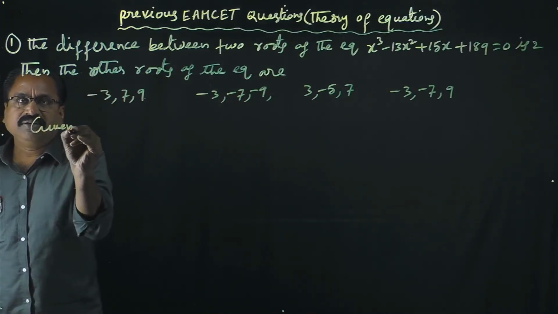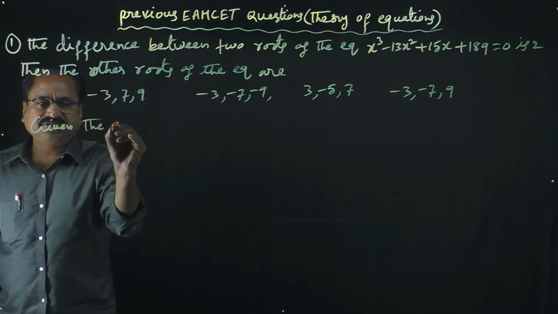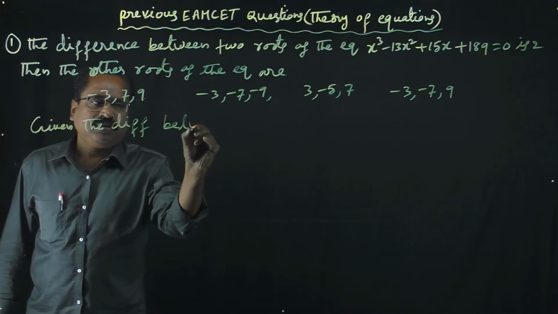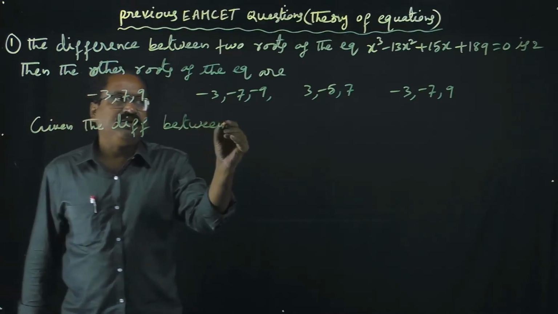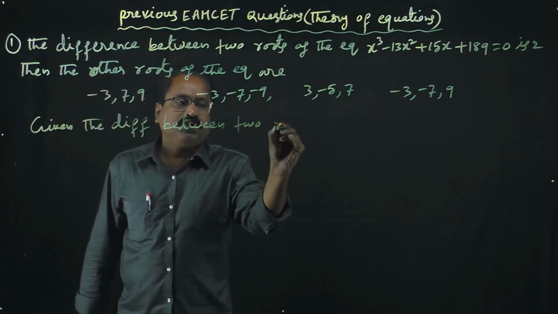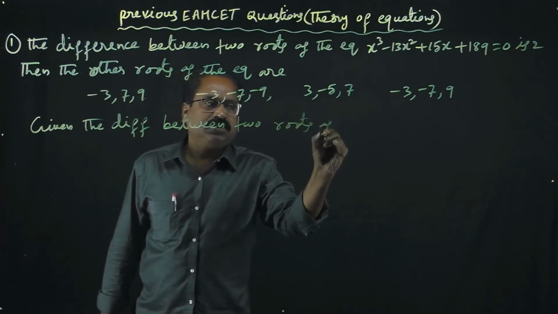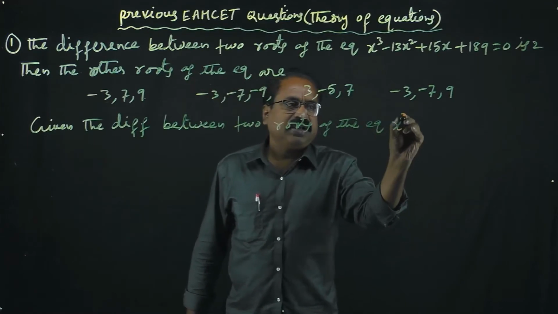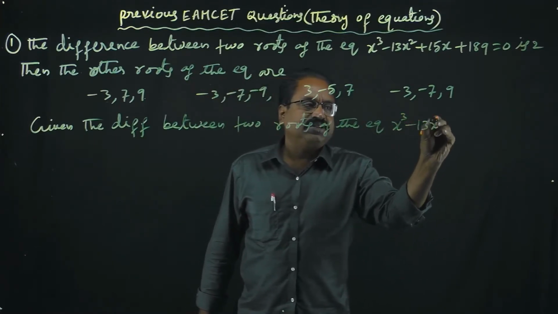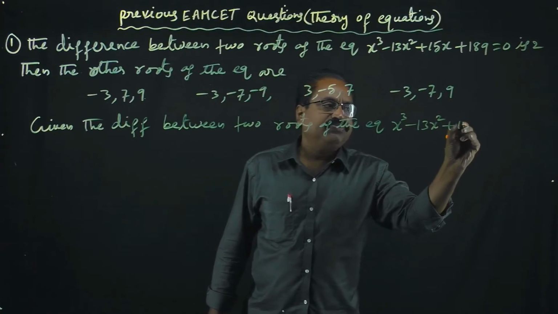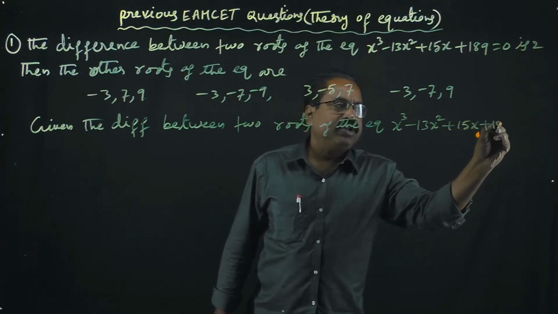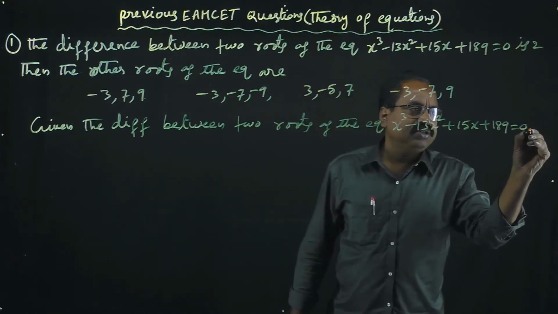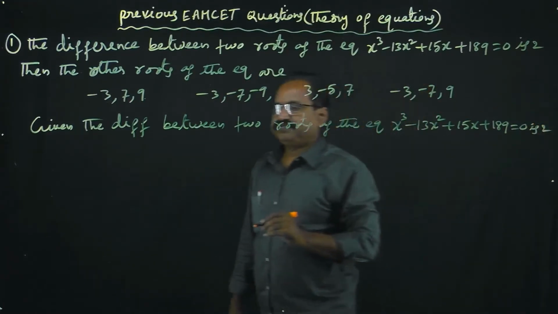So given the difference between two roots of the equation x cube minus 13x square plus 15x plus 189 is equal to 0 is 2.